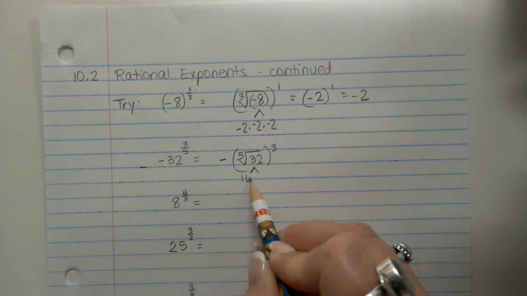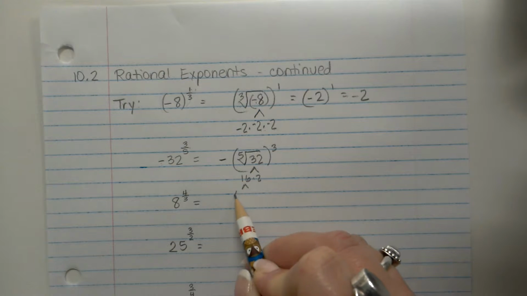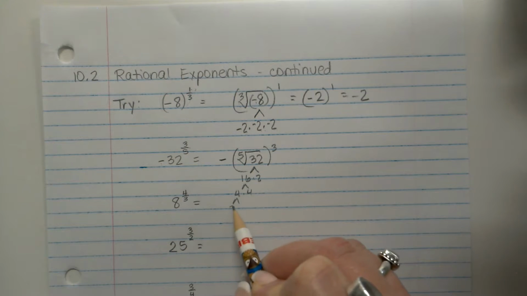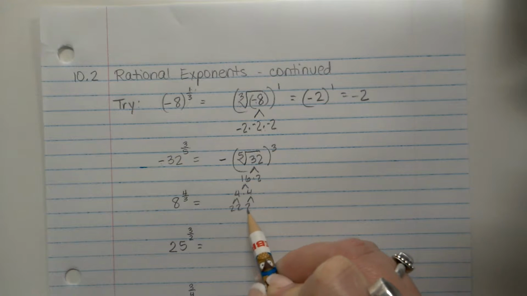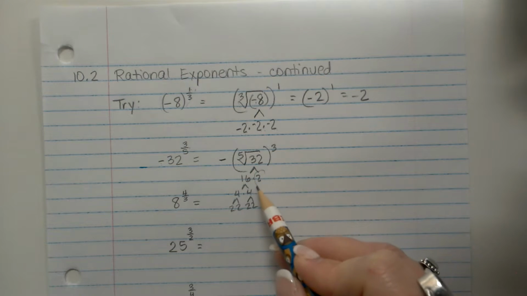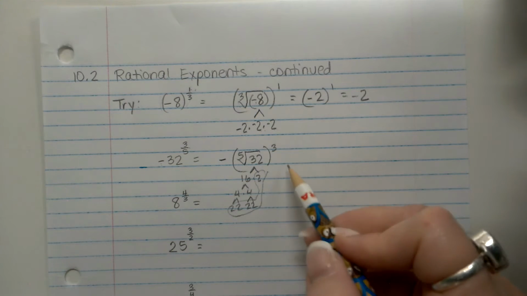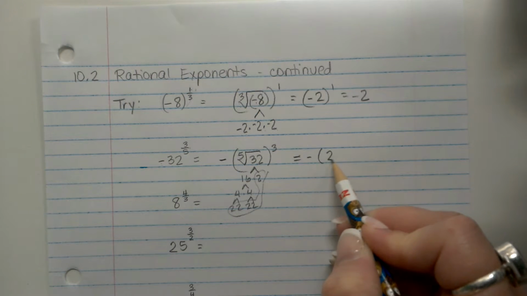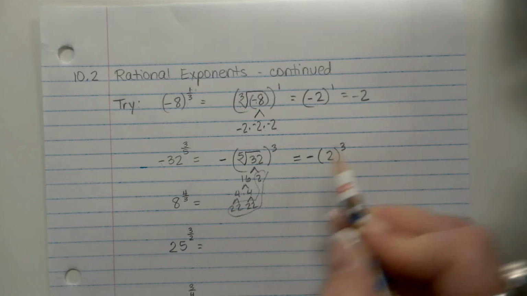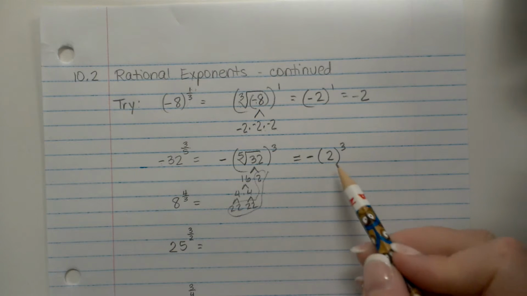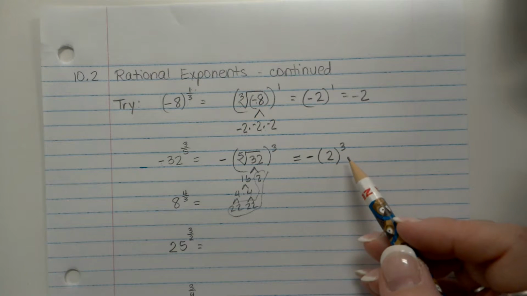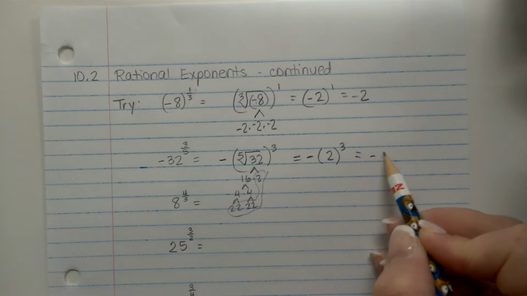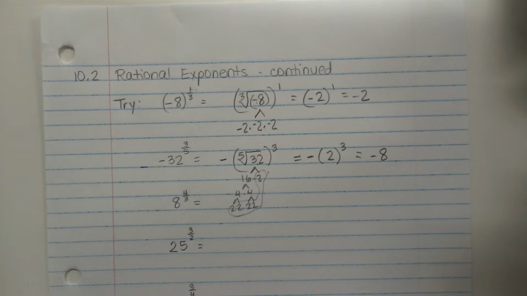So this is 16 times 2, and then 4 times 4, and then I got 2 2s and 2 2s. So all together I have 5 2s. So the 5th root of 32 is 2. I'm going to keep that negative on the outside. And then 2 cubed is 2 times 2 times 2, which is 8. And the negative stayed on the outside.